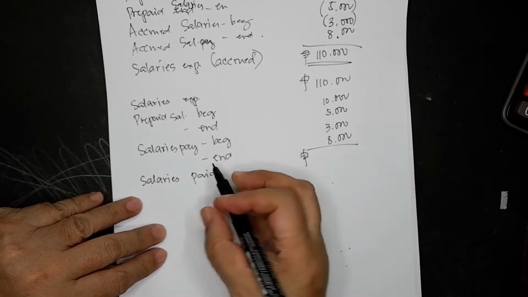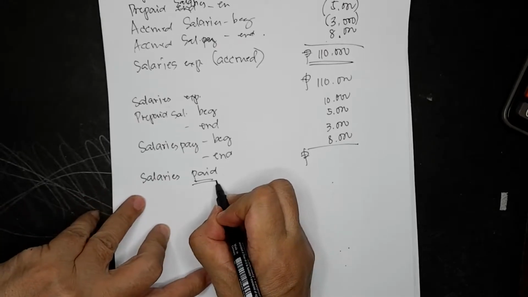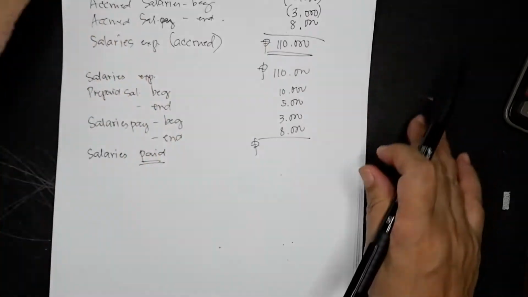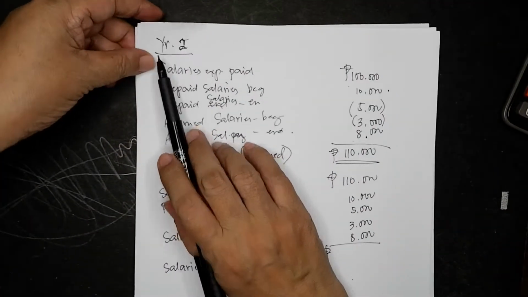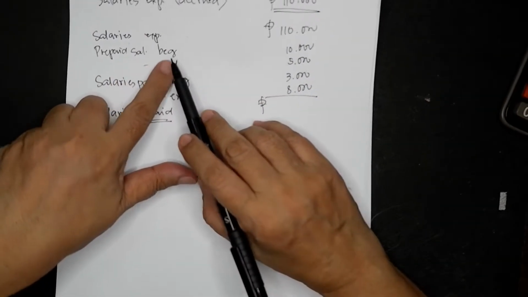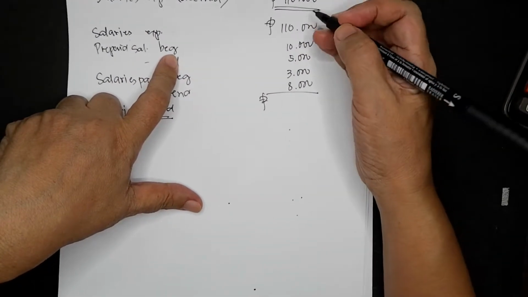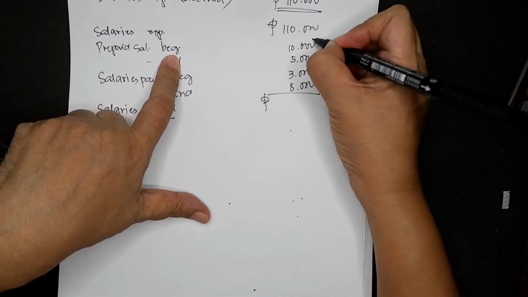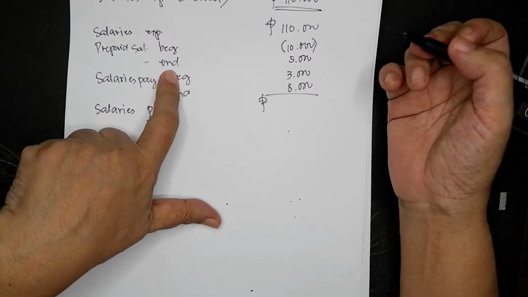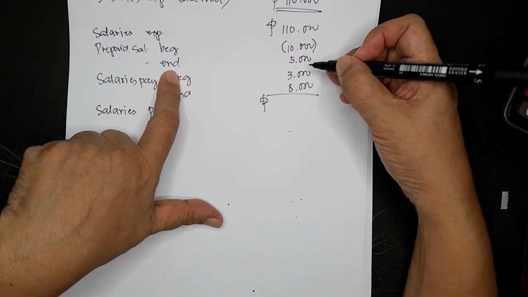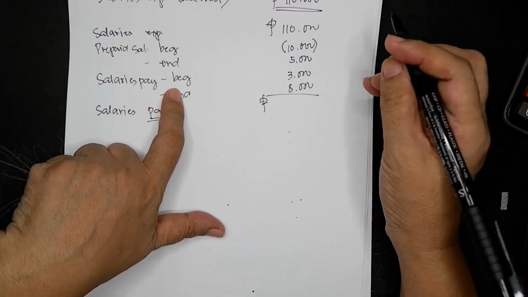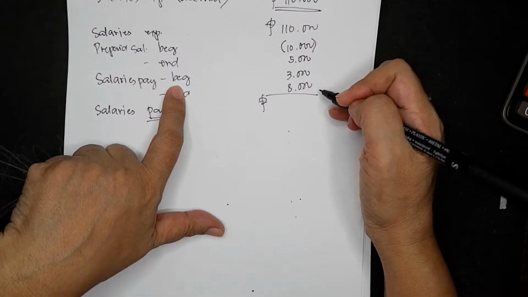Okay, so salaries paid. Ang kailangan natin dito ay yung binayaran. Okay? So, we have 110,000. We are still at year 2. Prepaid salaries beginning. Binayaran ba yan ngayong taon? Hindi. Last year yan binayaran. Kaya minus. Prepaid salaries end. Binayaran ba yan ngayong taon? Yes. So, add. Then we have salaries payable beginning. Binayaran ba yan ngayon?